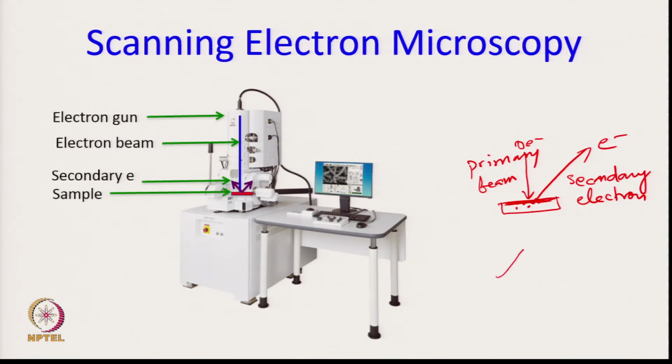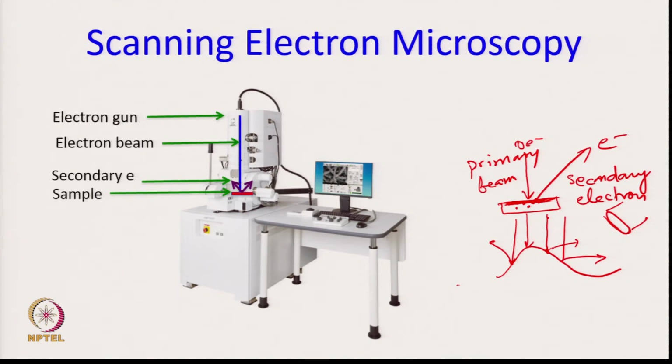Now, if there is a morphological feature on the surface, you will have a detector here. As the electron beam comes, it strikes, so electrons are emitted. Depending on where the beam is striking, electrons may be emitted in that direction.